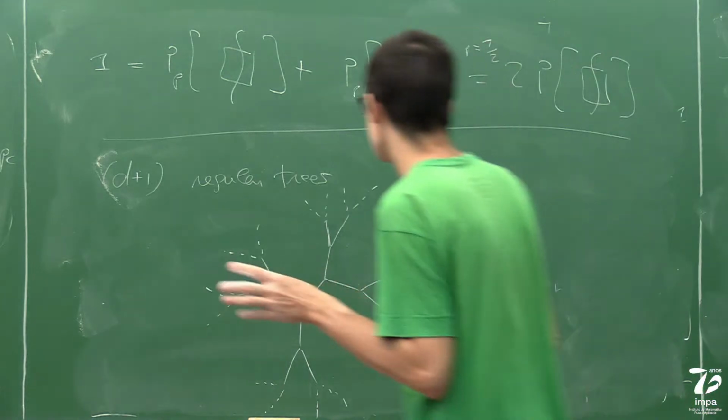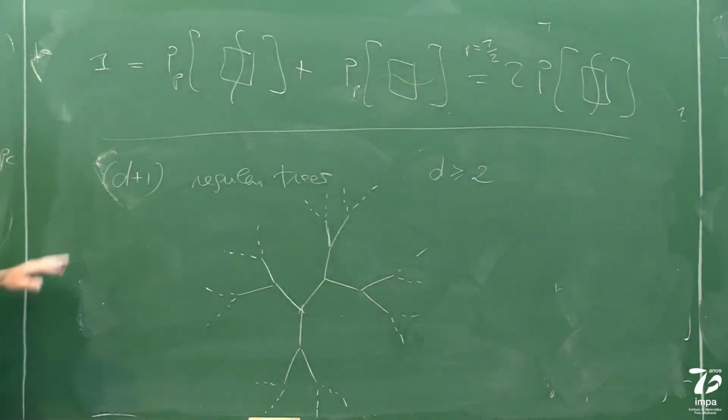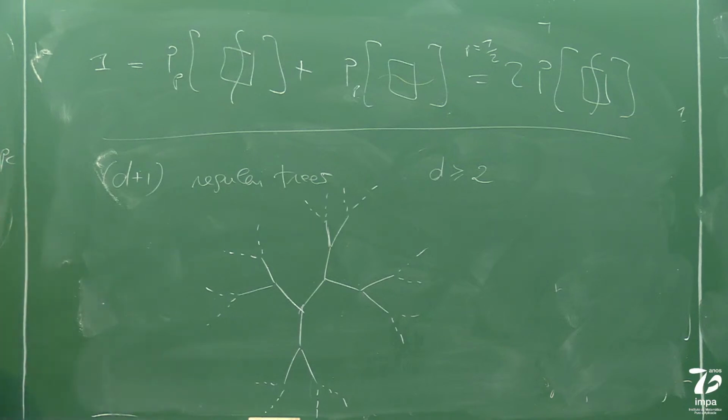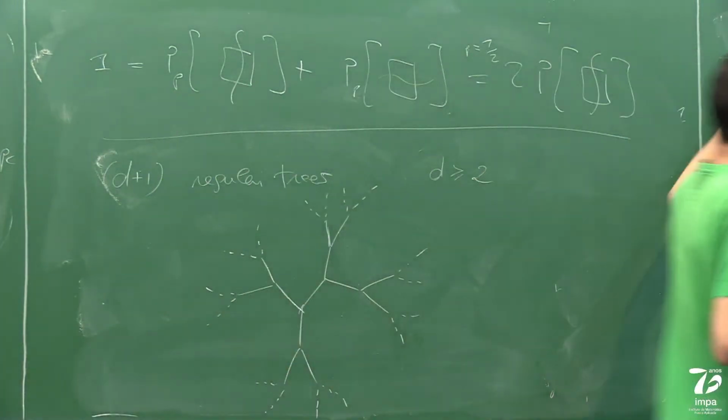Basically all I've said so far, except the proof of step 3, can adapt to regular trees. But this is not important because we are not going to prove here that p_c is smaller than 1. We are going really to identify the value of p_c.